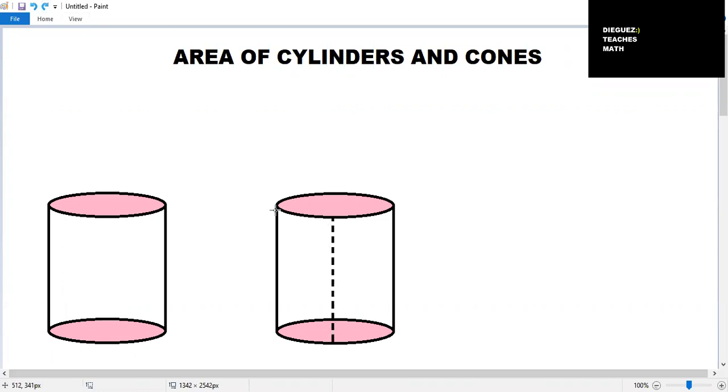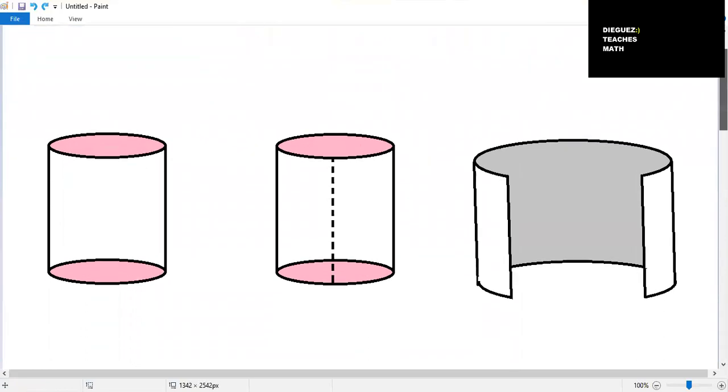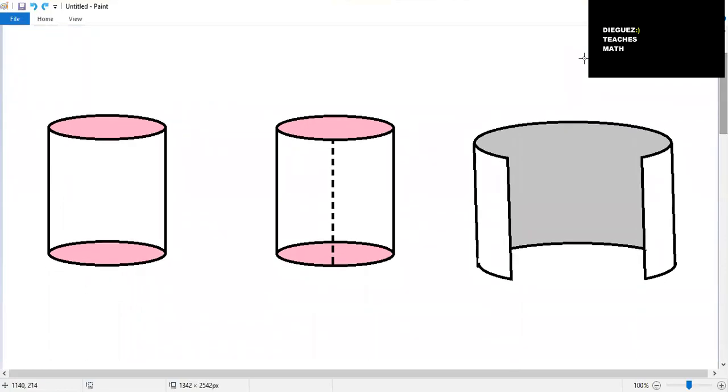And so the lateral part here is going to unfold like this, right? It's like a piece of paper. So if we have a piece of paper going around a circle and then I slice it, it's going to unfold like this. And then of course, the top and the bottom part are circles.